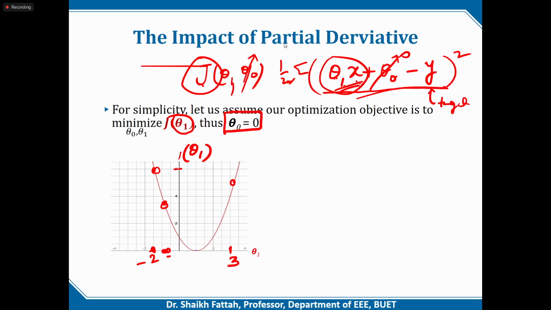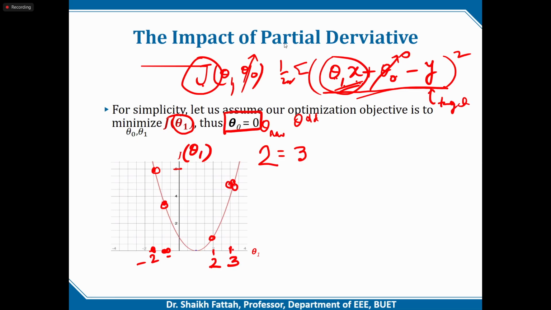In the same manner, if you are here, if your theta is 3, you have a loss here. If your theta is 2, you have a loss here. So from 3, if you move to 2, this is your theta old. If you want a new theta, which is 2, previously it was 3.